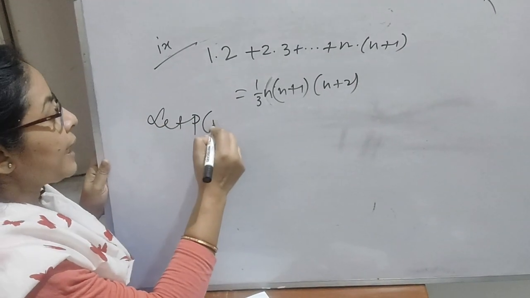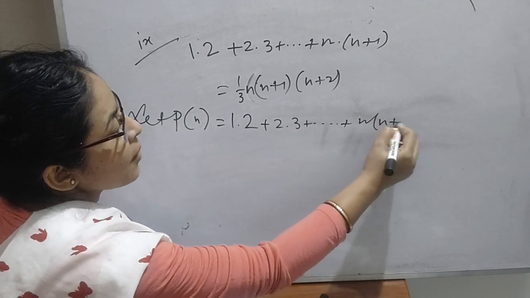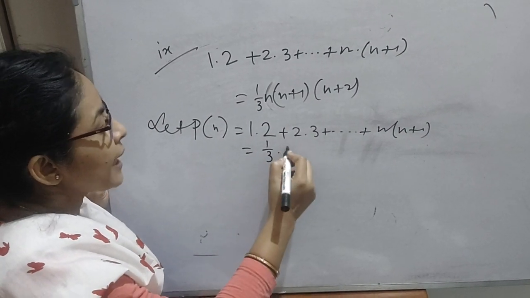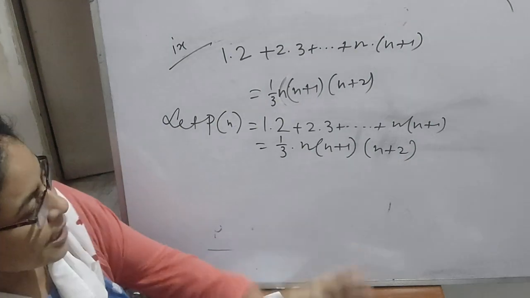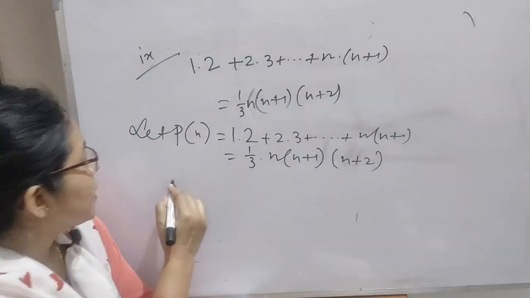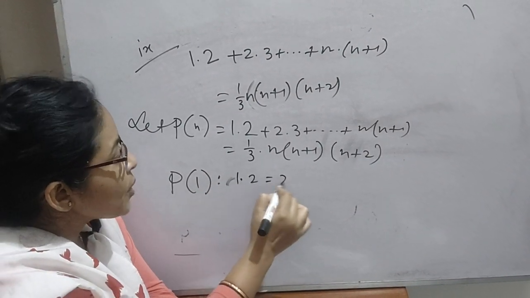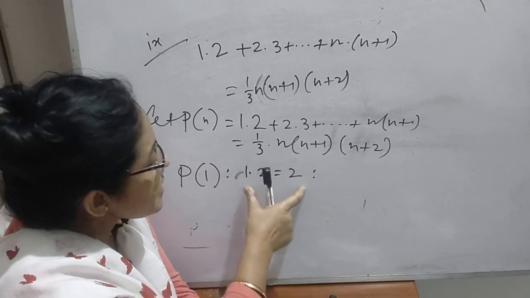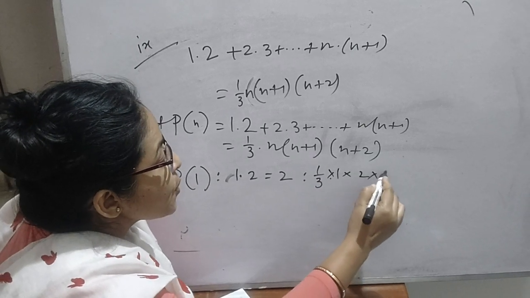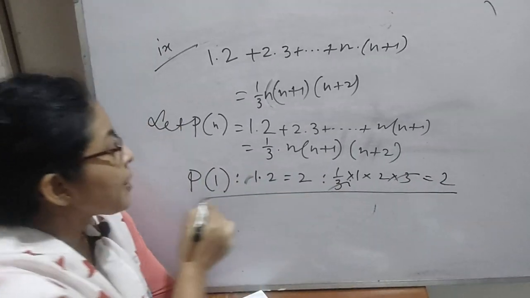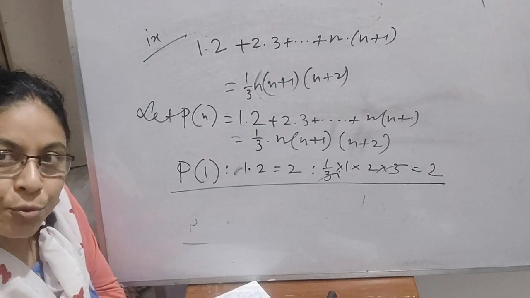Let Pn equal 1 into 2 plus 2 into 3 plus dash dash dash plus n into (n plus 1), equal to 1/3 n (n plus 1)(n plus 2). When n equal to 1, P1 equals 1 into 2, equal to 2, this is the left hand side, and 1/3 into 1 into 2 into 3 is also 2. So left hand side equals right hand side, and P1 is true.